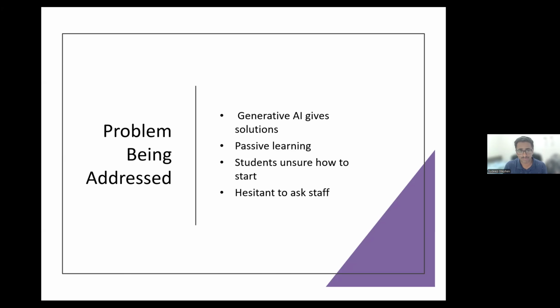Now that's a problem because it's giving them finished solutions, going from point A to B, and students really do not know how to get to the intermediary step. So if I give them a similar problem next time, they do not know how to begin.